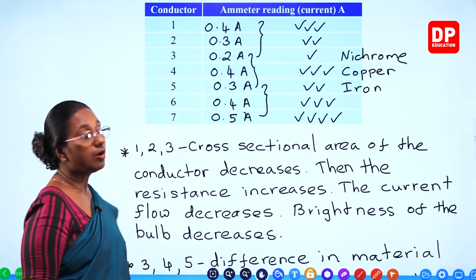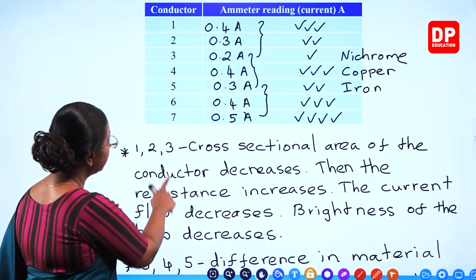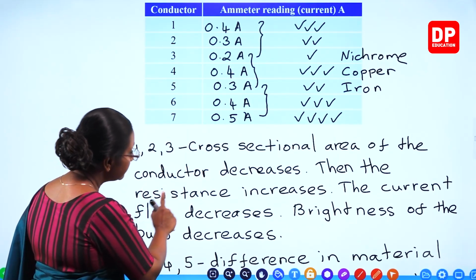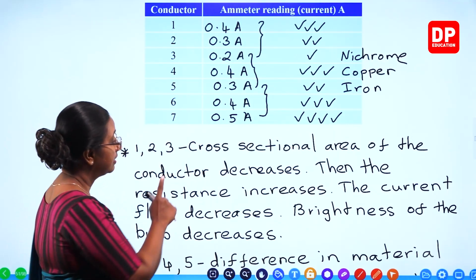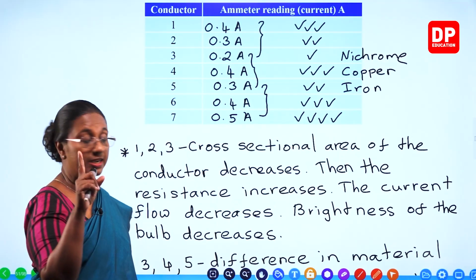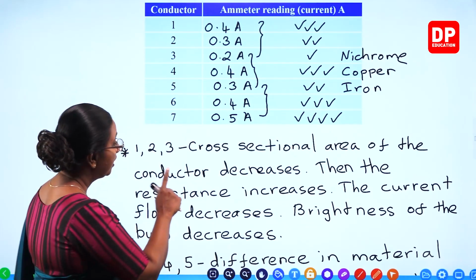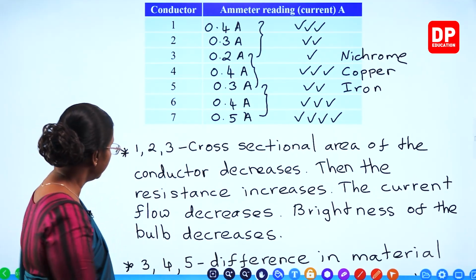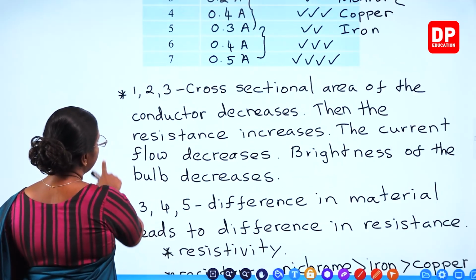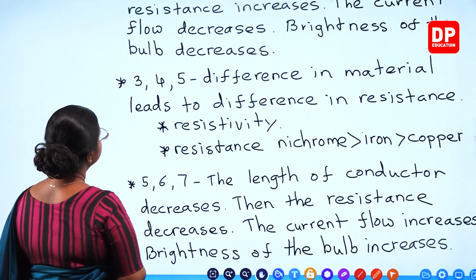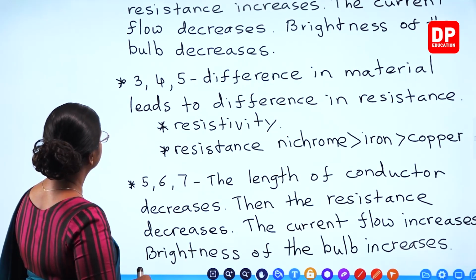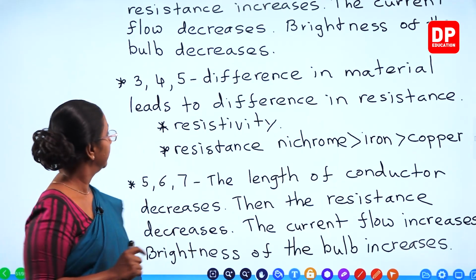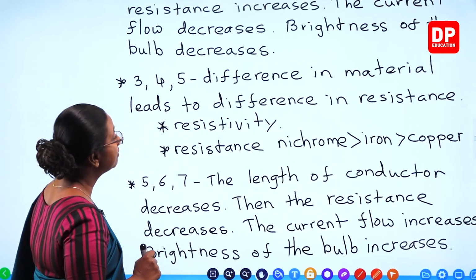From the first three observations, you could understand that when the cross-sectional area of the conductor decreases, then the resistance increases. That will be the first conclusion. Then the current flow decreases and the brightness of the bulb also decreases. Then from the next three sets of activities, 3, 4 and 5, difference in material leads to difference in resistance.